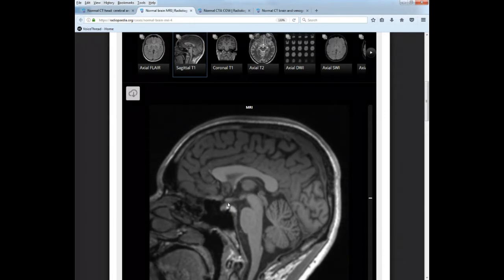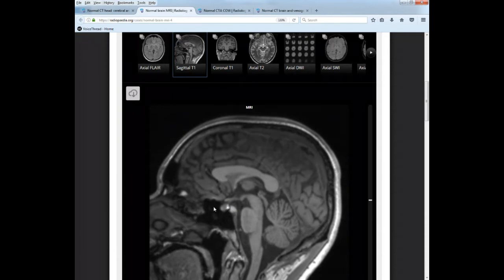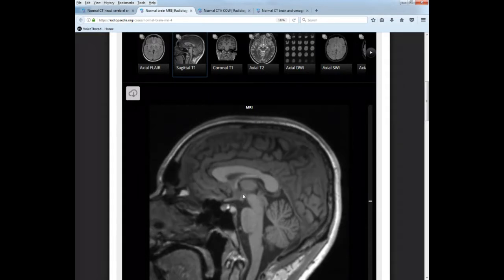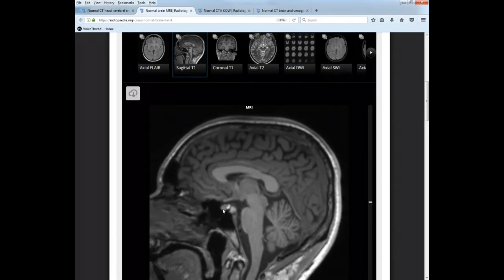That's the infundibulum. Okay, so find pituitary, suprasellar cistern right here, this little stalk guy that goes up, connecting the hypothalamus right here with the pituitary is the infundibulum.